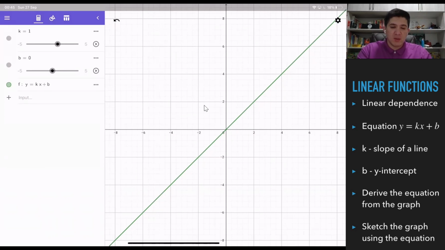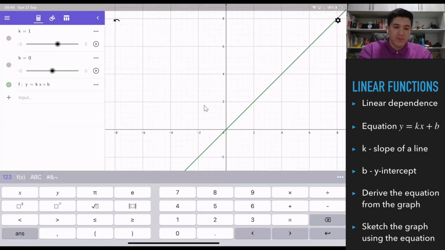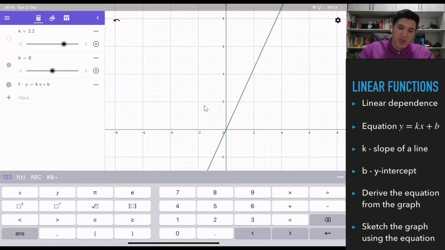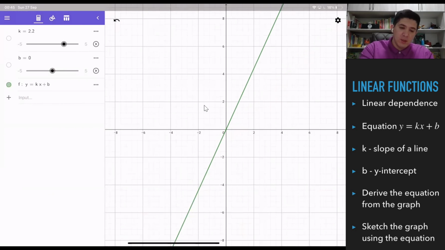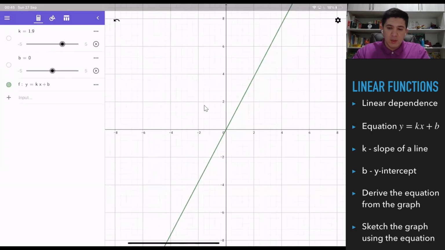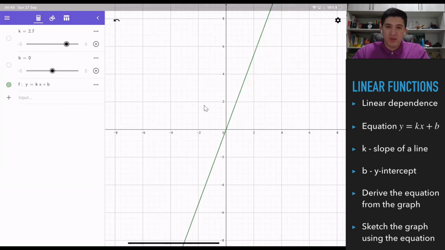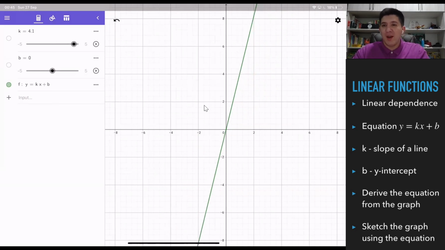So let me increase the value of k. You see, now it's like 3.56, 3.4, and so on. If I'm increasing, it's rotating towards the y-axis.